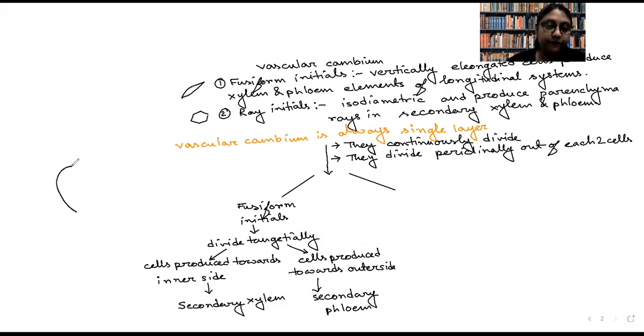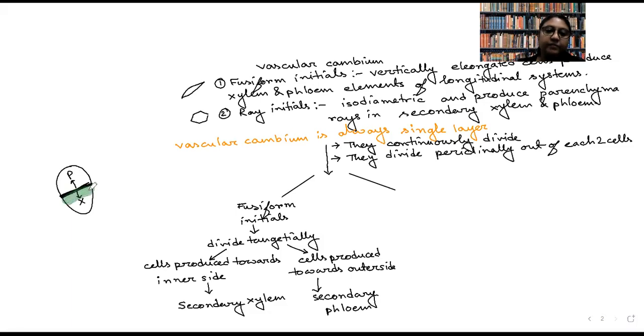So if this is the phloem, this is the xylem, and this is the fascicular cambium, which is having fusiform initials. Now, tangential division means it will divide in this direction, and in this direction. So the new xylem, that is the secondary xylem, will be formed here.